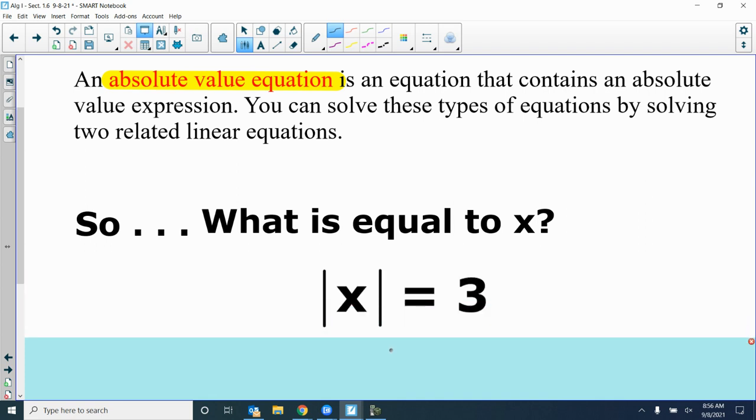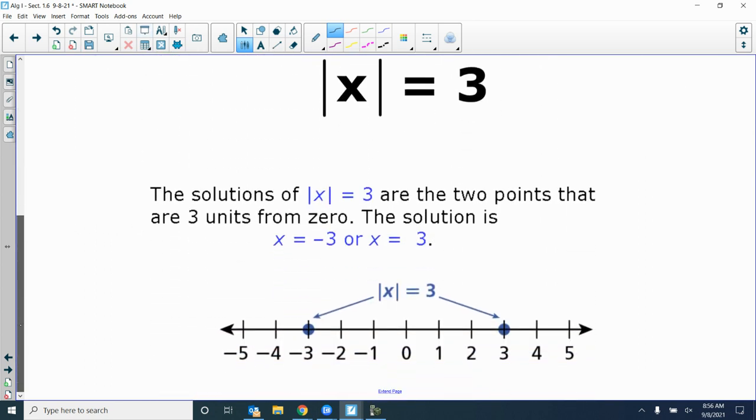What values make that true? Well, there are actually two values. It's going to be 3 or negative 3. Because what's the absolute value of 3? The absolute value of 3 is 3. What's the absolute value of negative 3? It's also 3. This has two answers. Negative 3 is an answer, and 3 is an answer.